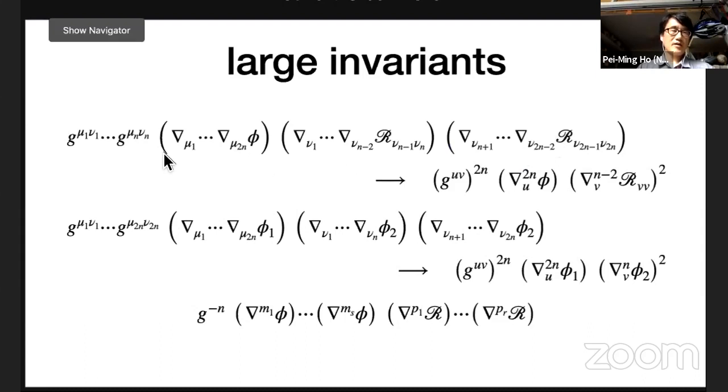Of course you can consider more general invariants, combining the scalar field and also curvature tensor components. But again, in principle, you get these inverse factors of the metric. In particular, if you consider the UV component, you get these 1/C factors. So when C is very small, you get very large factors here.